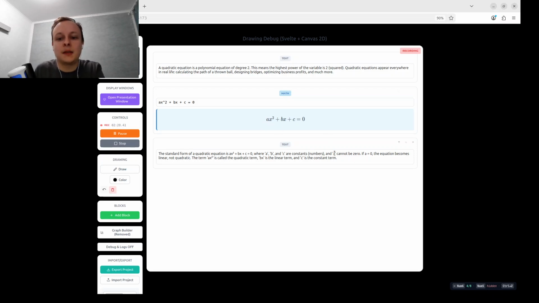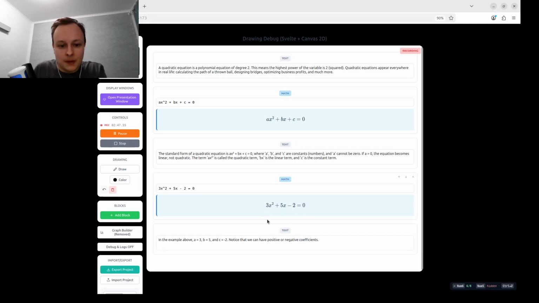As mentioned here, a cannot be 0; if a becomes 0, the equation becomes linear, not quadratic. Okay, we can go further and see one example. Here we can see an example above: a equals 3, b equals 5, and c equals minus 2. These are our constants. And we can also use negative constants.